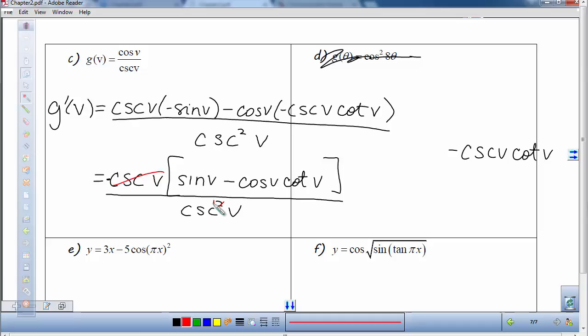So let's just leave it at that. I still have my little negative. So we get negative sine v minus cosine v cotangent v over cosecant v.